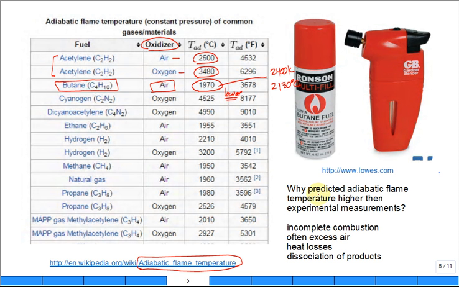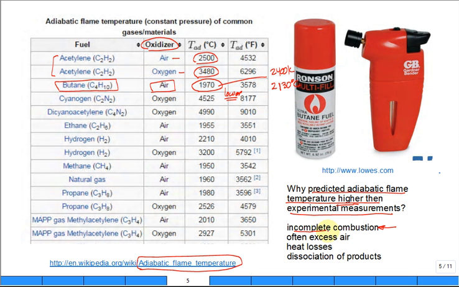Well, the predicted adiabatic flame temperatures are going to be higher than the reported experimentally measured values, because our model assumed complete combustion, and often the combustion is incomplete.